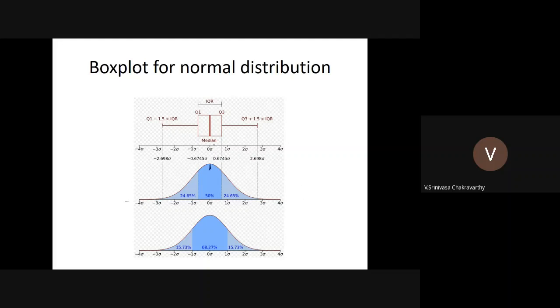So obviously you cannot draw a box plot where the whiskers go up to plus infinity, minus infinity. It doesn't make any sense, right? So Q3 plus 1.5 times IQR is the upper limit. This is kind of a notional max for the distribution. And Q1 minus 1.5 times IQR is the notional minimum of this distribution. So like this, you can associate a box plot with a normal distribution.